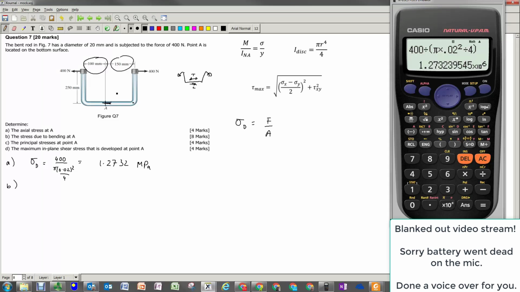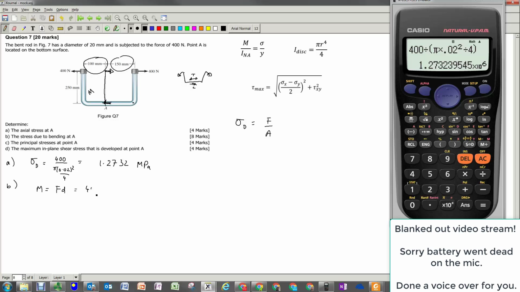Notice these values at the top, they're, I guess, to fool us. We don't need them. All we're interested in is how this force is going to create some bending at that particular point. Now the bending will act around the neutral axis along that particular section.